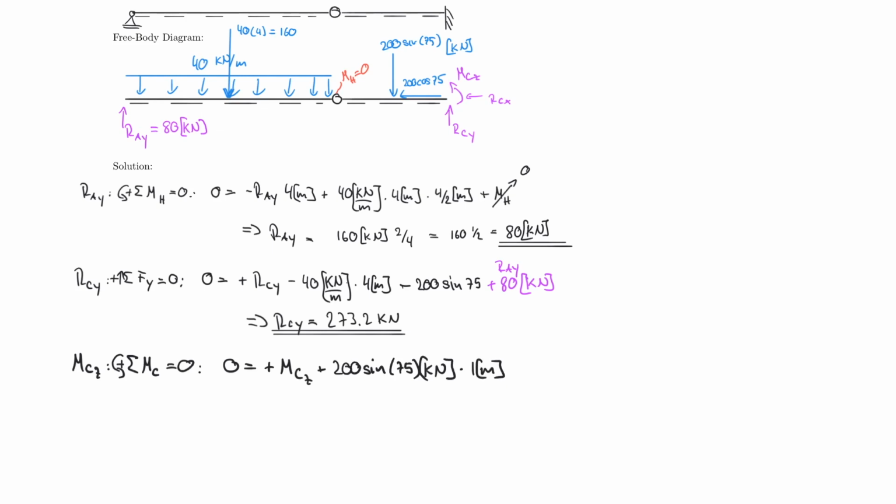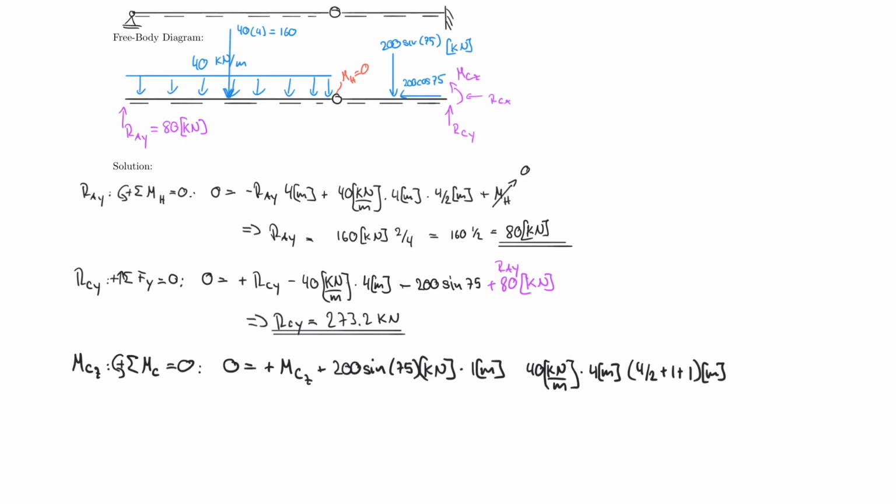Now, as I said before, I can just continue and pretend the hinge doesn't even exist. So I add the 160, but I write that out as 40 kilonewton per meter multiplied by 4 meter, and that is F resultant. And I have to find a lever arm, which is 4 halves plus 1, if you will, in meters.